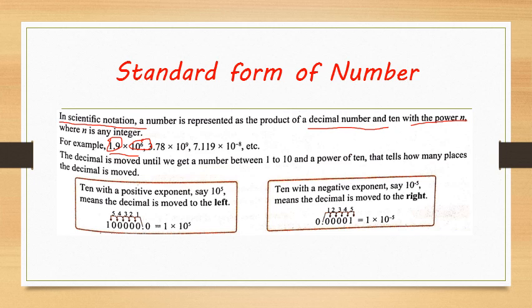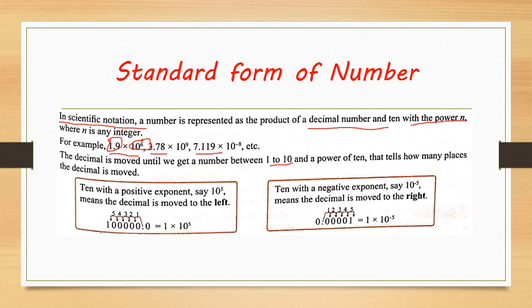So how can we write this? The decimal is moved until we get a number between 1 and 10. What you observe from these examples is that in the first one the decimal number is 1.9, here it is 3.78, here it is 7.119. The decimal part is not more than 10; it lies between 1 and 10 only.